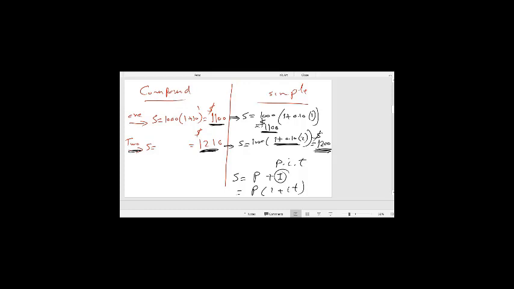It will grow 1,210 here, 1,010, 1,100, 1,200.